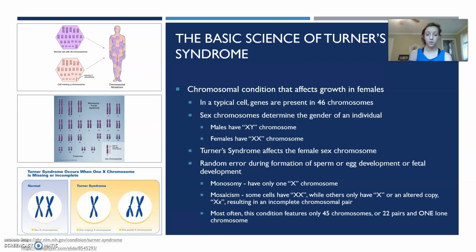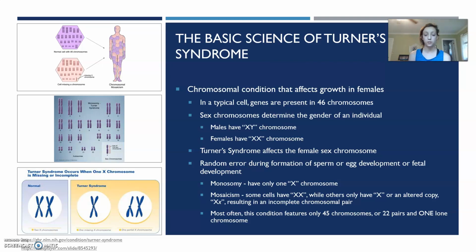In monosomy, there is only one X chromosome, with one missing, as seen in the second illustration on the left. Mosaicism is when some cells have two X chromosomes, while others only have one X chromosome, or have an altered copy of X, resulting in an incomplete chromosomal pair.